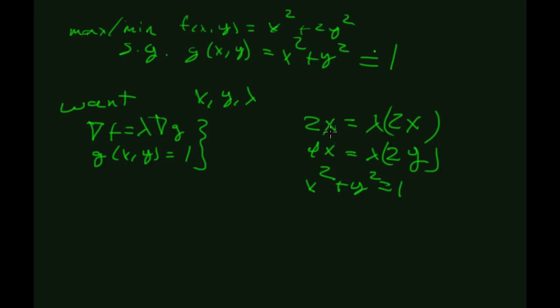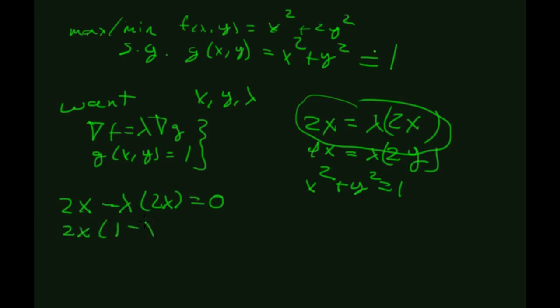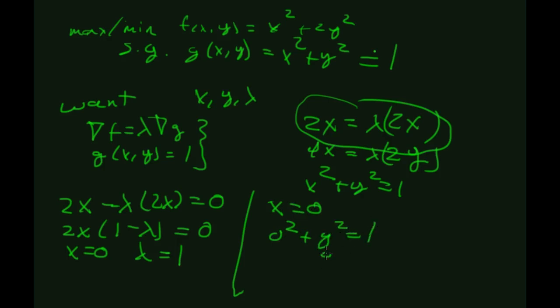So we're going to start by looking at this one. I can rewrite that as 2x minus lambda times 2x is equal to 0, which is 2x times 1 minus lambda is equal to 0. So either x is 0 or lambda is 1. All right, so let's do some work here. If x is 0, then 0 squared plus y squared should equal 1. y should equal positive or negative 1.